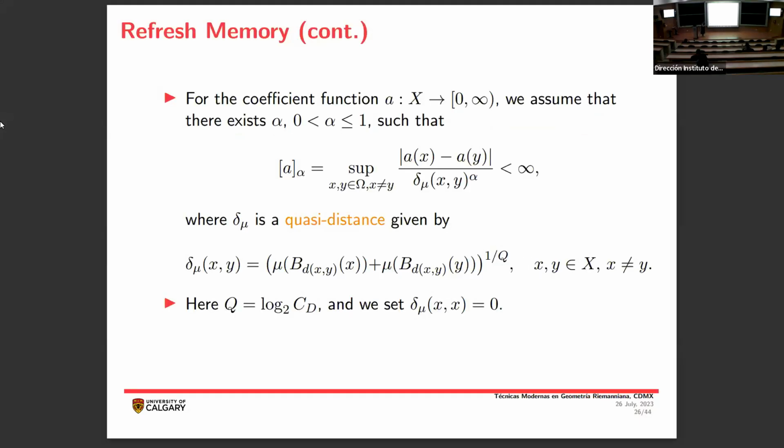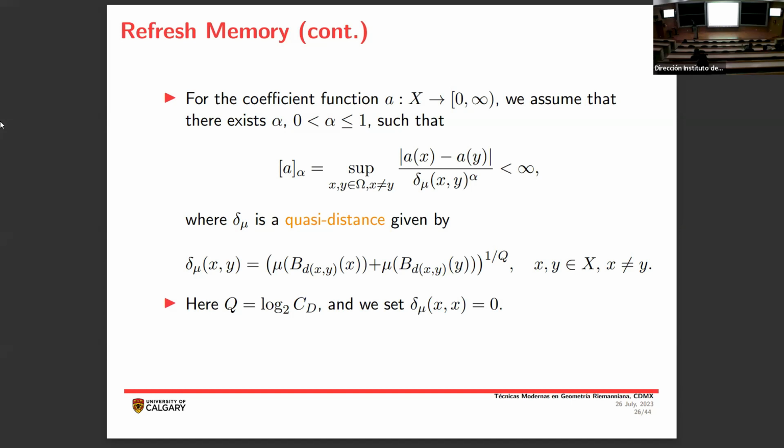Okay, now. Assuming that the measure is doubling is like this inequality in terms of the measure of the ball with double the radius, right? And that will imply something, if I remember correctly.